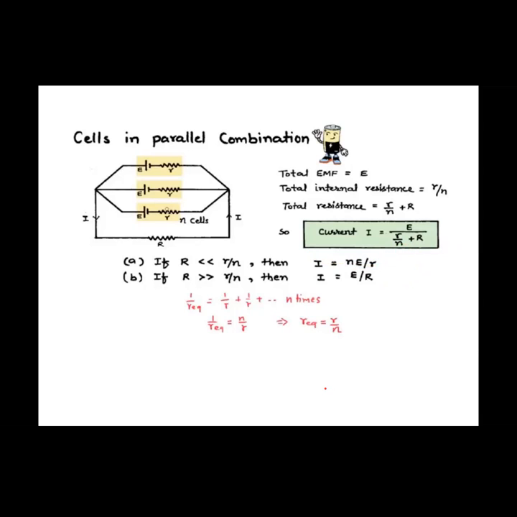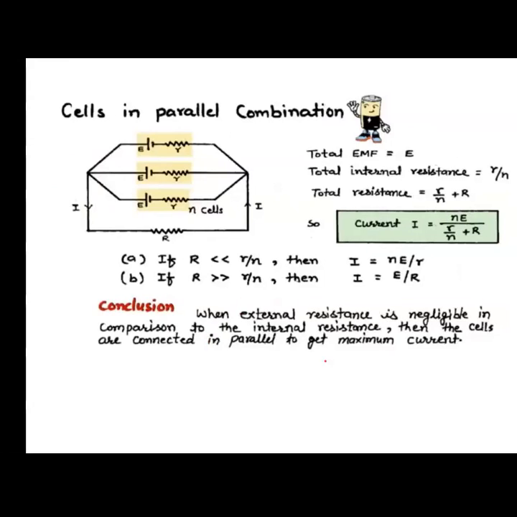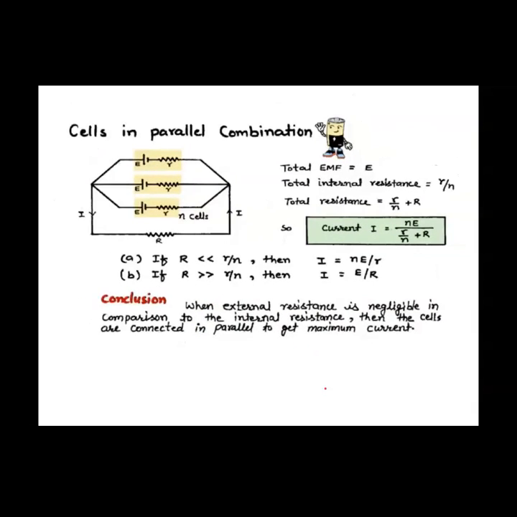So children, this was about your series and parallel combination. The conclusion is, when the external resistance is very less, under this condition the cells in parallel will give maximum current, right? This is what we did.